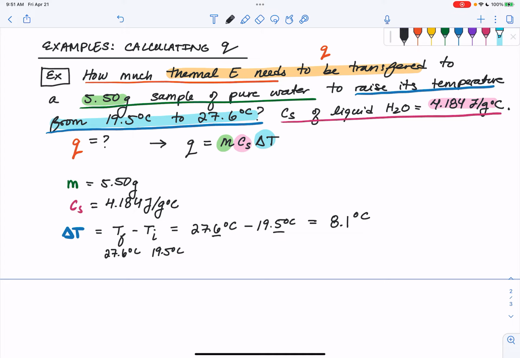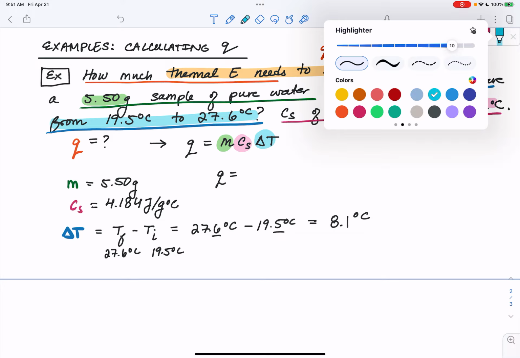So that is 8.1 degrees C. So that is my delta T. And let's now put this together so that we can solve for Q. All right, Q is equal to our mass. So let's just kind of check our units. So, mass.